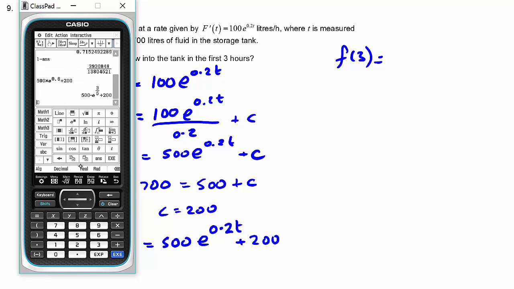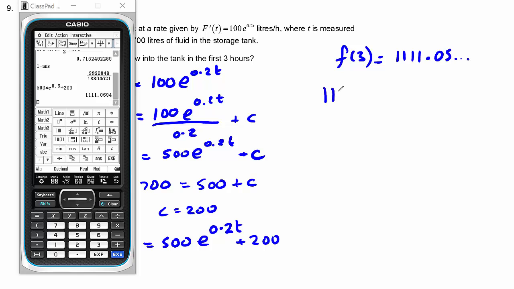So let's go back to decimal. So that gives me 1111.05 and so on. Now that's how much is in the tank at the end of 3 hours.